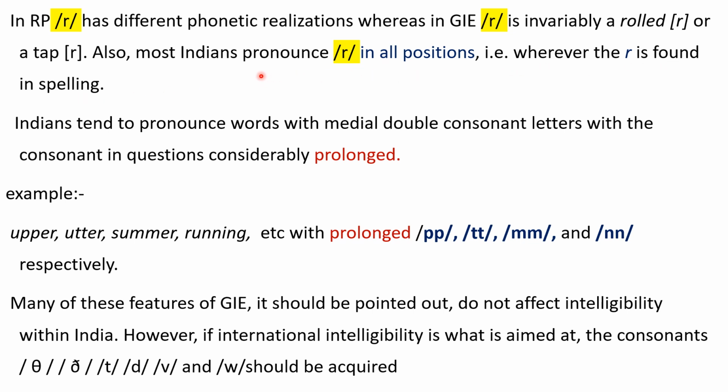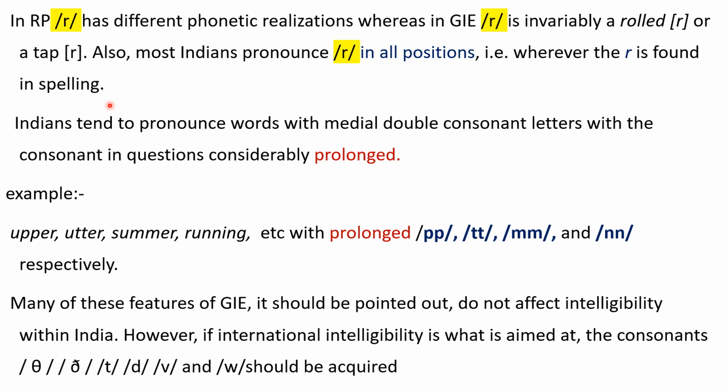But whereas in received pronunciation, British accent, R is pronounced before a vowel, and it is silent before a consonant, and at the end of a word, R is silent, unless it is followed by a vowel. So these three rules are in received pronunciation in British accent, but in general Indian English, it is pronounced in all positions wherever the R is found in spelling.